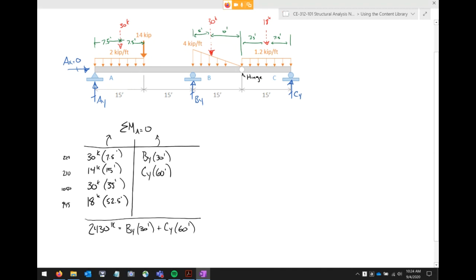Huh. See, it didn't give me an answer, right? I don't get BY equals 12 kips or CY equals 52 kips. I get this equation. In fact, I'm going to copy it and write it on the board. So I've got BY times 30 feet plus CY times 60 feet is 2430 foot kips.